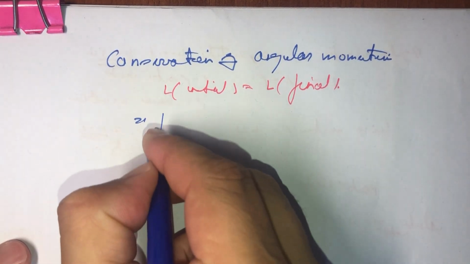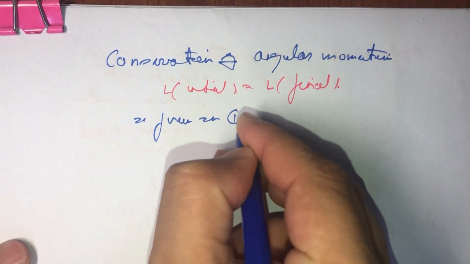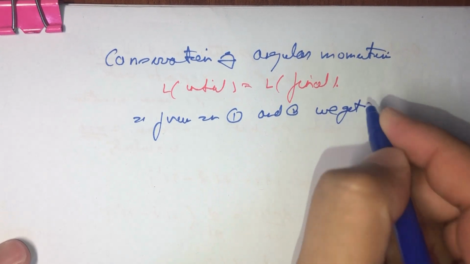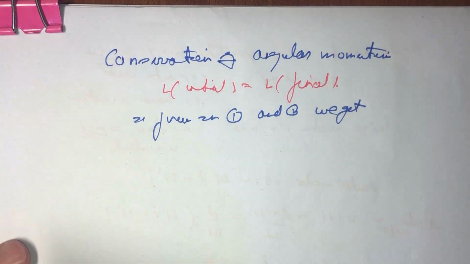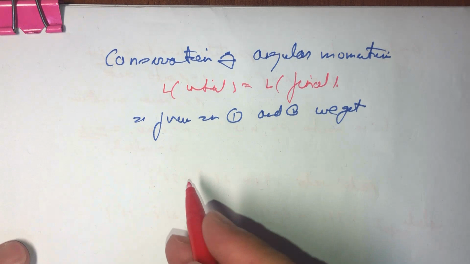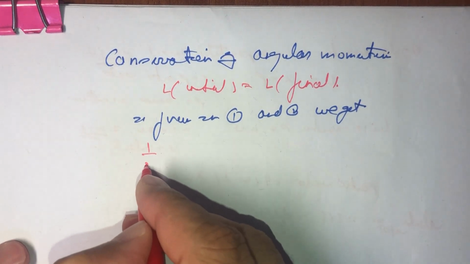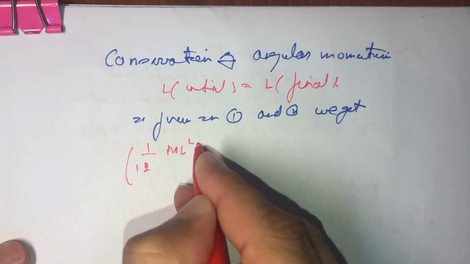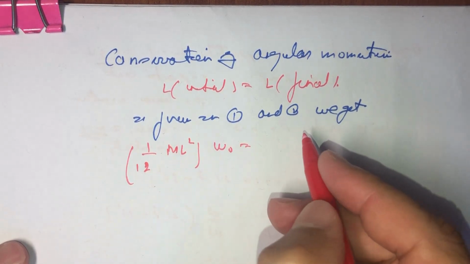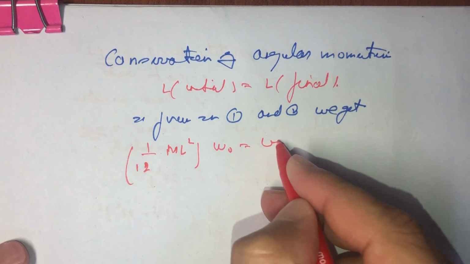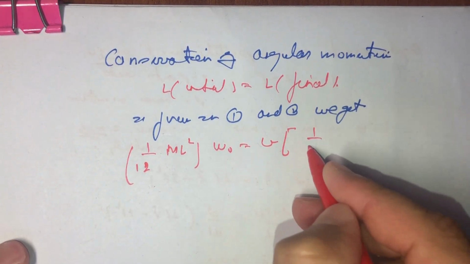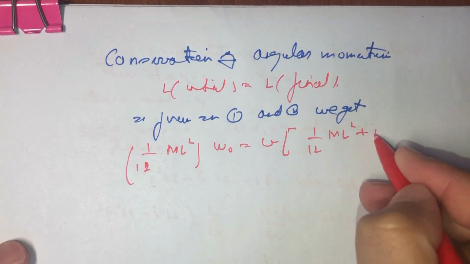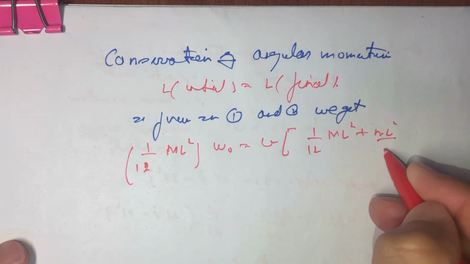Therefore, from equation 1 and 2, we get our L initial was 1 by 12 ML square multiplied by omega naught, and our L final was omega multiplied by 1/12 ML square plus small mL square upon 2.